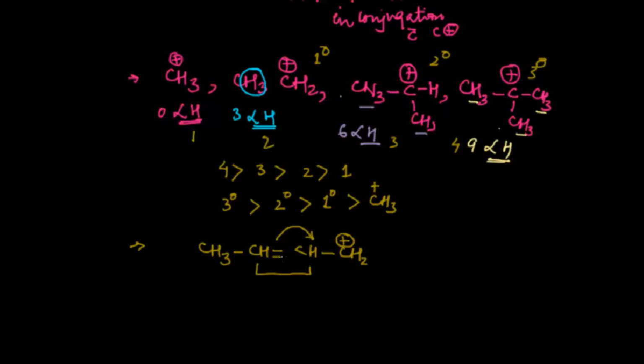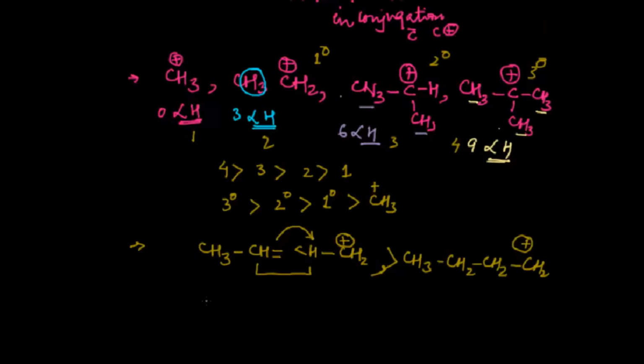If we compare this with CH3 CH2 CH2 positive, since it is stabilized by resonance, this is more stable than that one. So the resonance stabilized systems are more stable than ordinary carbocations.